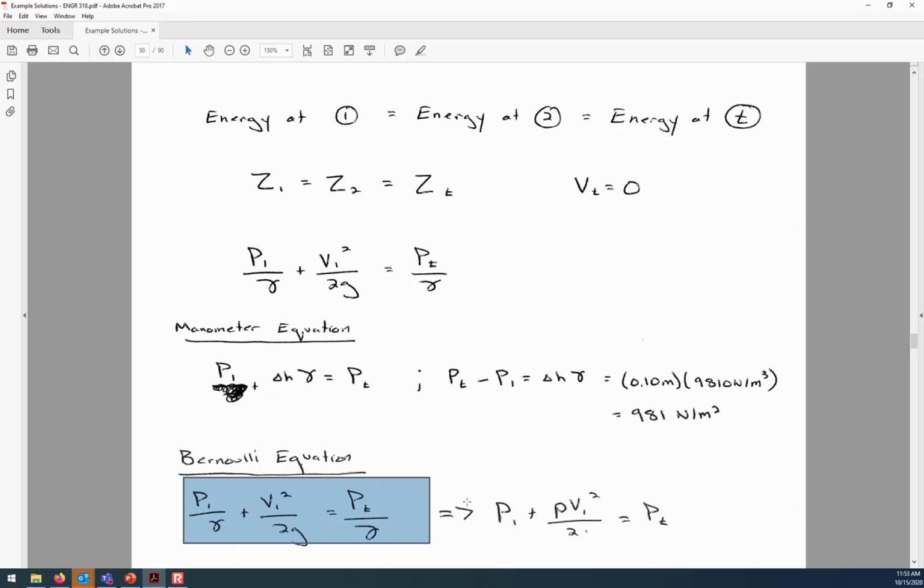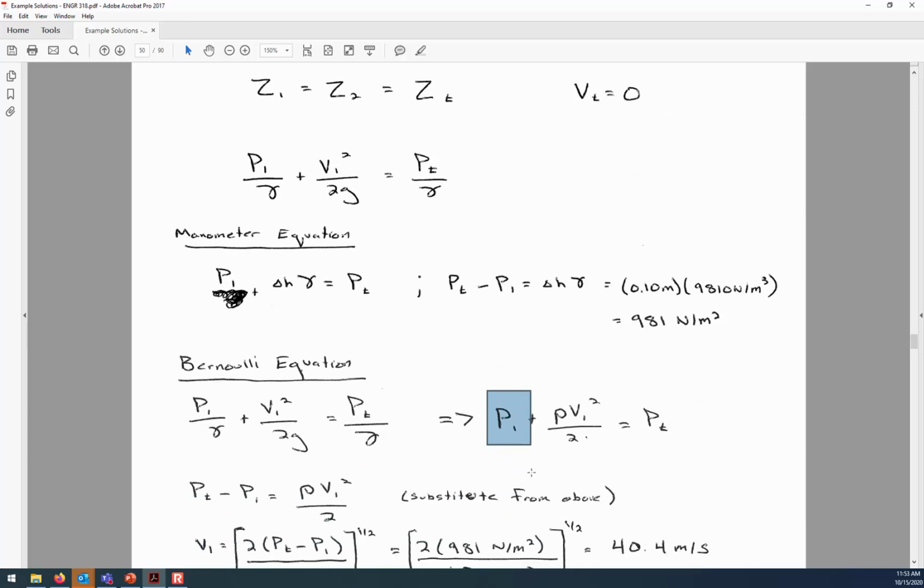I don't know what the actual pressure is, I just know the pressure difference between the 2 points. And so I took the form of Bernoulli's equation that's in units of head, so each one of these is going to have units of meters, for example, the pressure head term, the velocity head term. And by multiplying it by gamma, now we're talking about Bernoulli's equation in terms of units of newtons per meter squared.